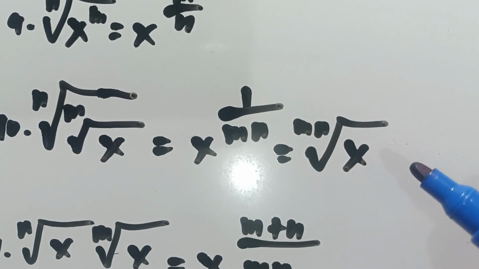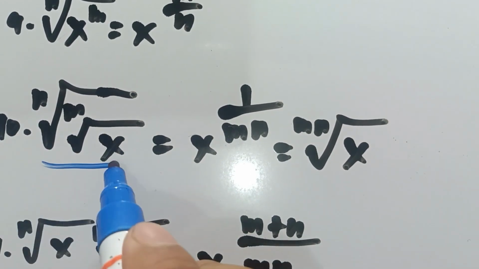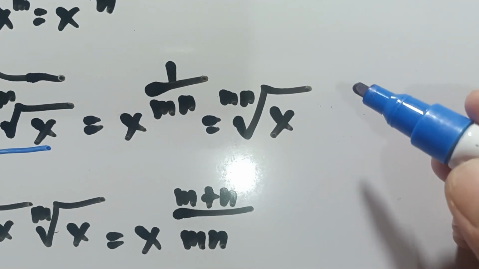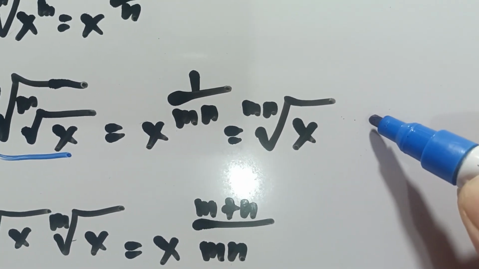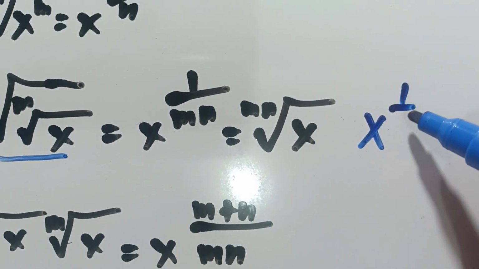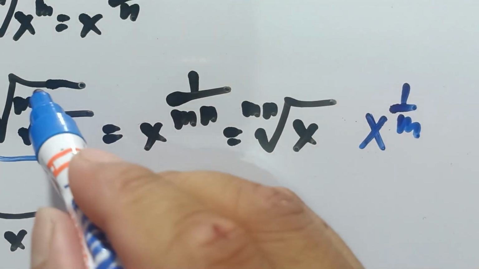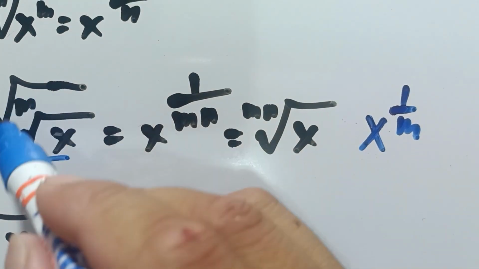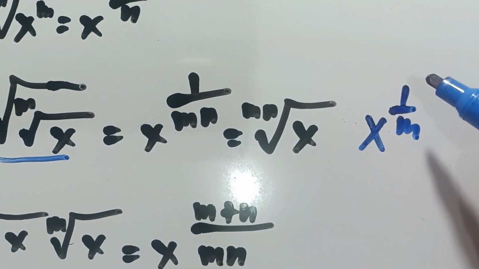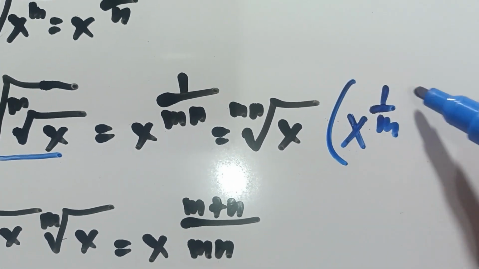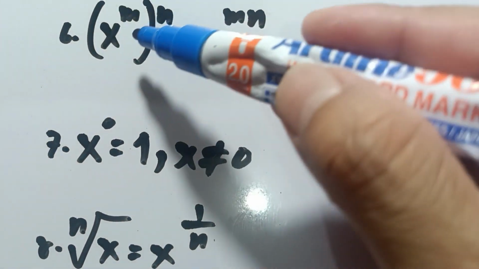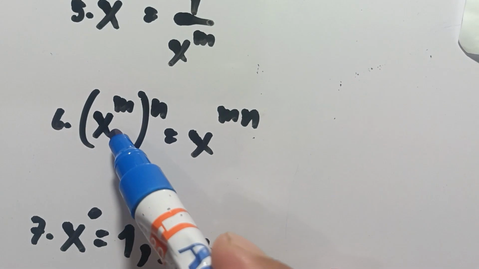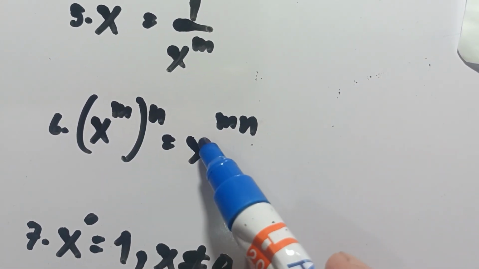So I will give you an example. By this one, we will simplify to prove it. Remember, that comes from x to the power 1 over m. This is first inside, and inside of the root. So what happened is the open and close parentheses. We go back to number 6. Remember this one: x to the power m to the power n equals x to the mn.